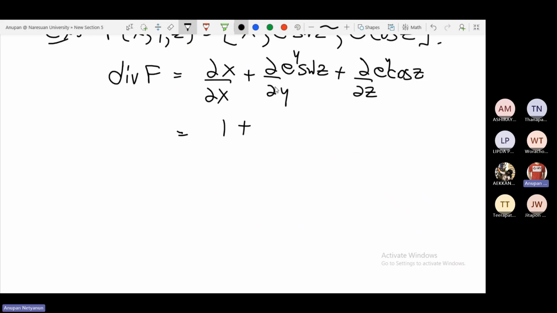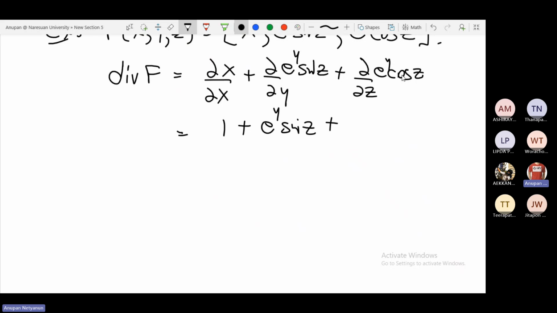Okay, so the outcome is, okay, there is 1, right? Plus the partial derivative with respect to y. So your z is constant. The whole thing is a constant. So the derivative of e to the y is the same thing, e to the y. And there is a constant. And taking the partial with respect to z, there is a constant.